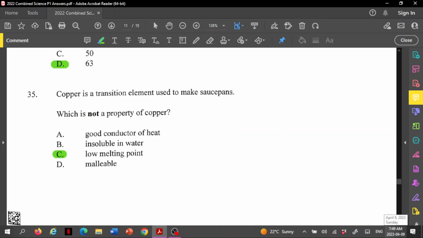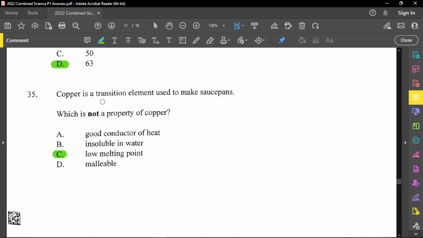For question number 35, copper is a transition element used to make saucepans. So you're making saucepans with copper, and you're looking for the one that is not a property of copper. Even by making a saucepan, it must be a good conductor of heat. It must be insoluble in water, because if it dissolved in water, you couldn't cook with the pan.